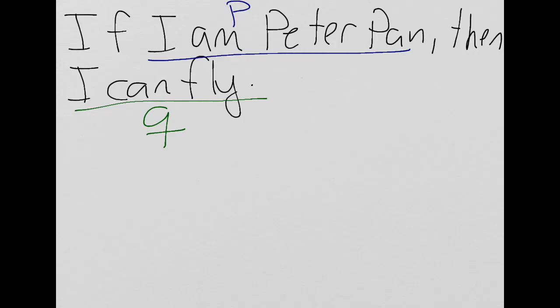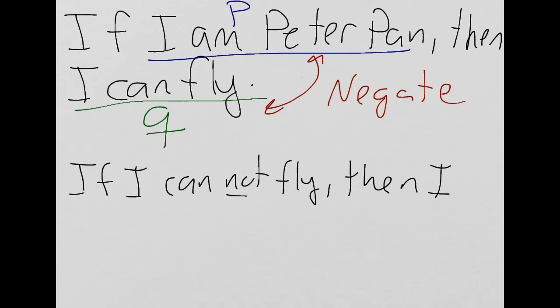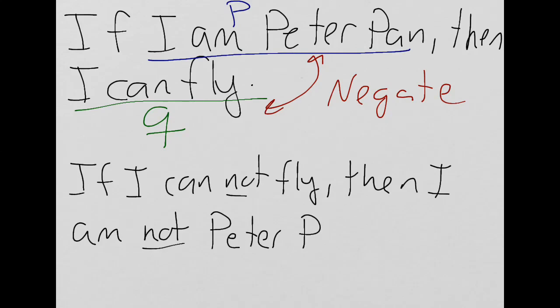So my job is to switch these two and negate them both. When I rewrite that as the contrapositive, it's going to say, if I cannot fly, then I am not Peter Pan.